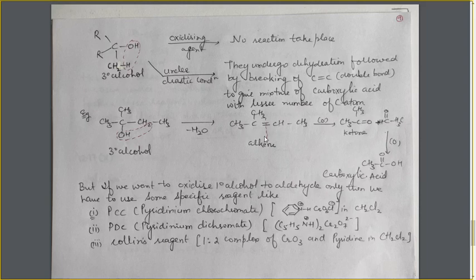Why is this product obtained, not the product with the double bond at this position and this position? This is because this alkene is more stable as compared to the other alkenes. Because in case of alkenes, the more alkylated the alkene, the more stable it is. That is the alkene with more number of alkyl groups on the double bonded carbon atom.